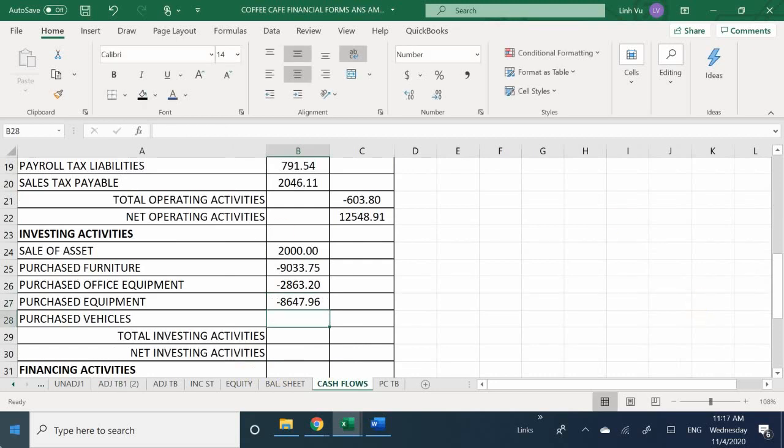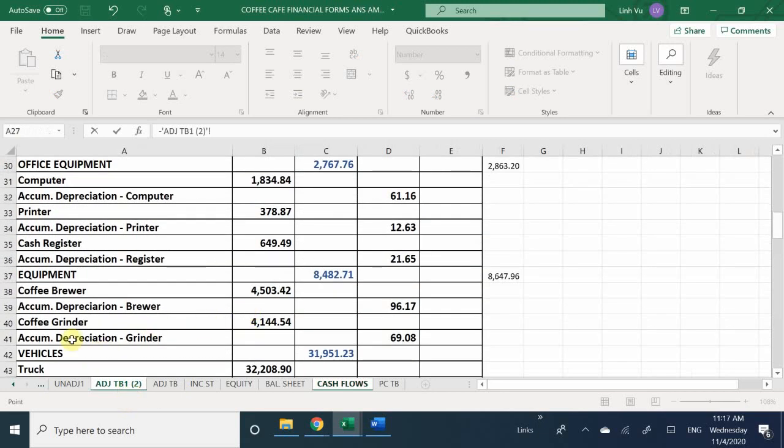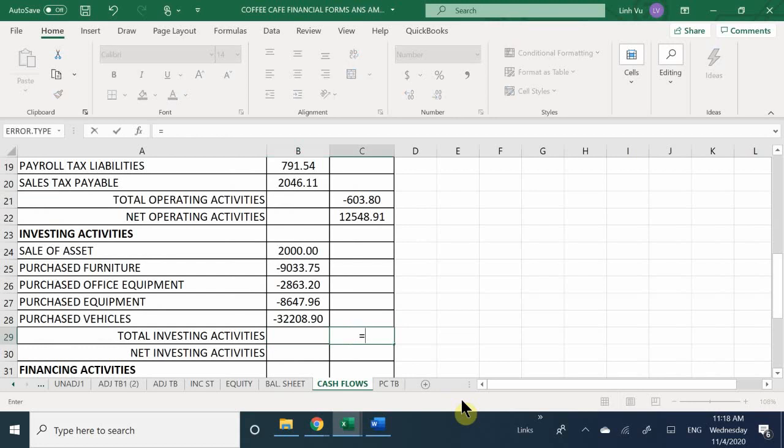So I need to subtract that $8,000 investment there. And then lastly, I also need to subtract out my car that I bought because I don't have the money anymore. So that's why I need to subtract it out. So here, I originally bought it for $32,208.